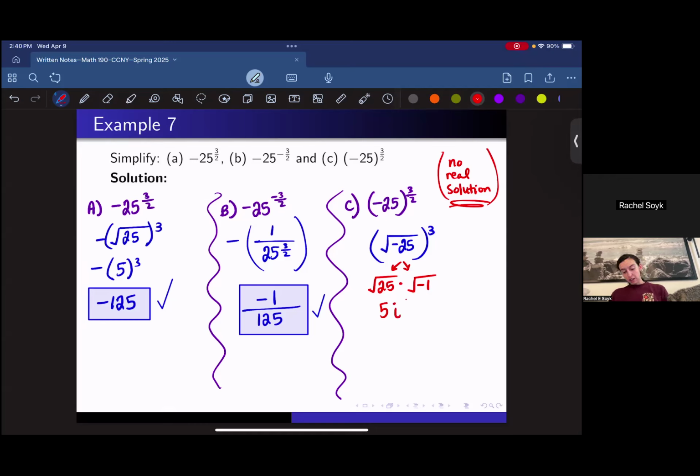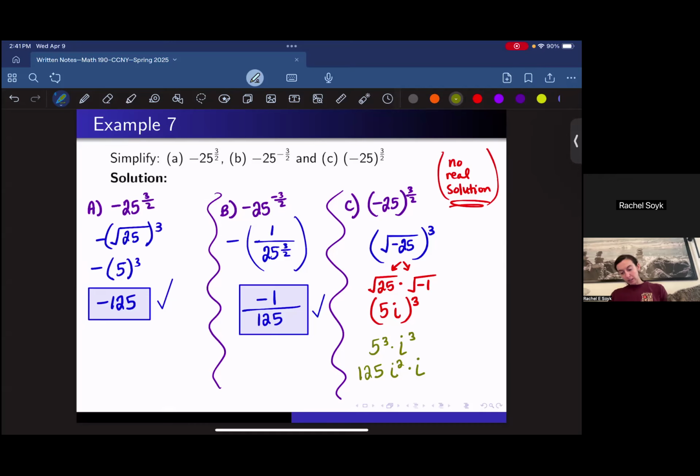That's just i. And then we want to raise this to the third power. And so this is the same as 5 to the third times i to the third. 5 to the third is 125. i to the third is the same as i to the second times i.